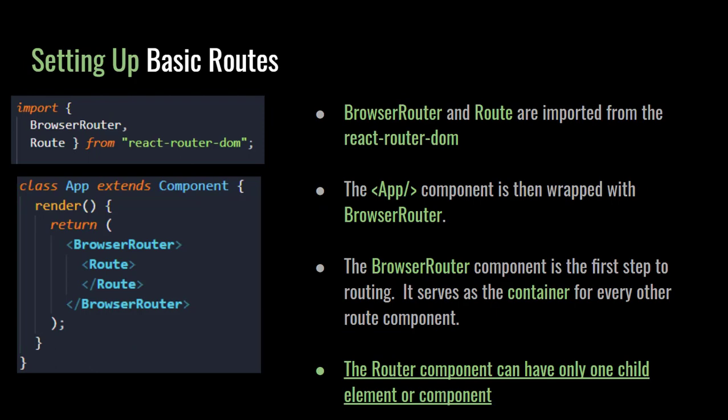Then we have our app component. We wrap that entire JSX at return. It could be just that one main container tag. Just like when we talk about context API, which we'll talk about later on for state, as soon as you wrap this component, any of its child components now have access to routing.